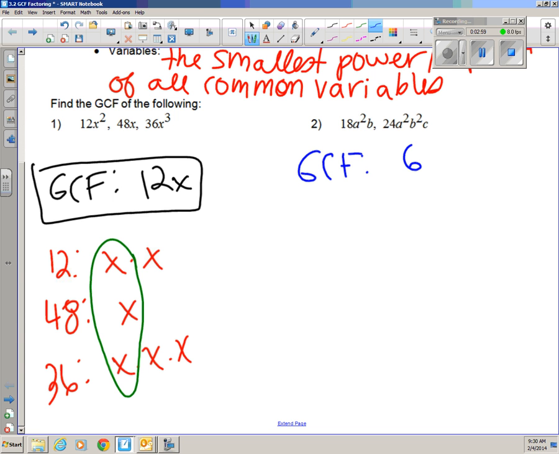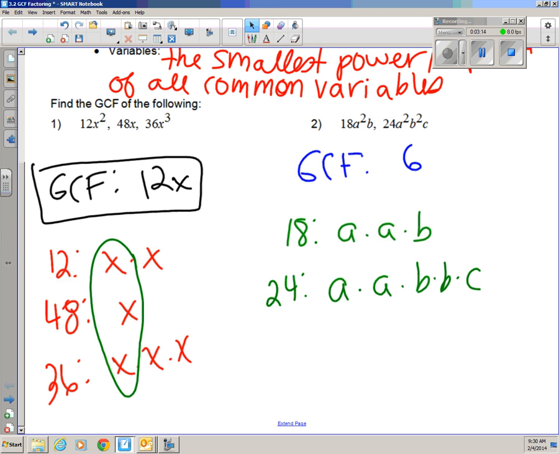Well, let's look at the variables, and maybe we'll do it by the list method. That might be easy. So 18 has a squared and b. 24 has a squared, b squared, and c. Well, I need to find things that are common to both. I've got a set of a common to both.